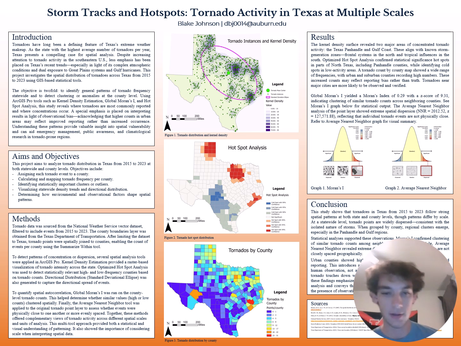I'll talk about some pre-processing for that later. Then these county layers, used for these two maps here, are from the Texas Department of Transportation, and I also used the statewide layer from the Texas Department of Transportation for the state boundary.